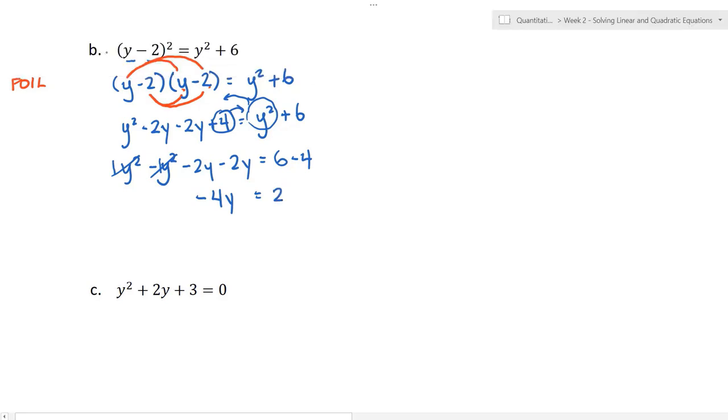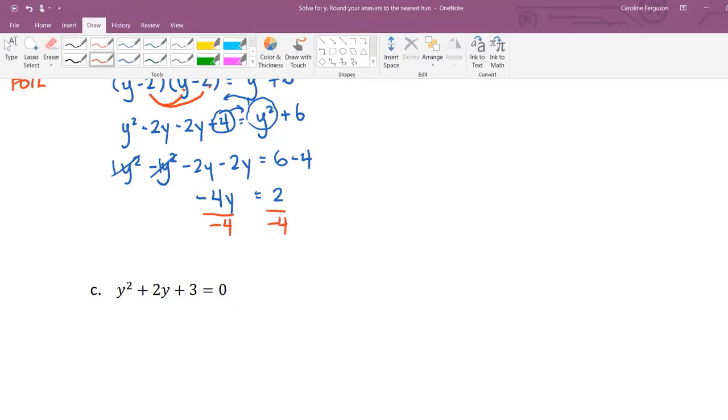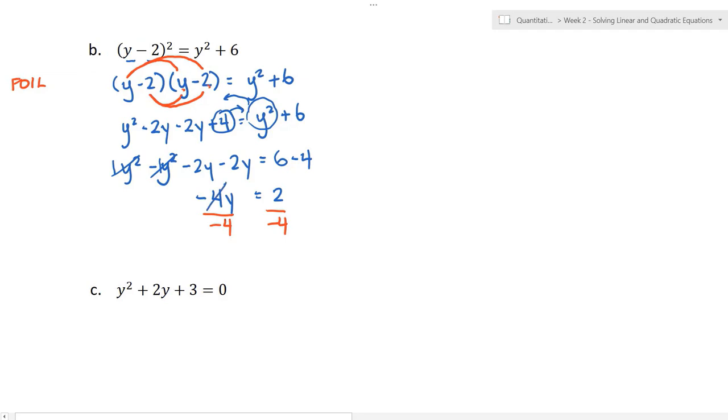Now we want to divide both sides by negative 4 and simplify. So the negative 4's cancel. Y equals 2 divided by negative 4, which is negative 0.5. The question asked for 2 decimal places, rounded to the nearest hundredth, so I'm just putting that extra 0 there. And that's it.